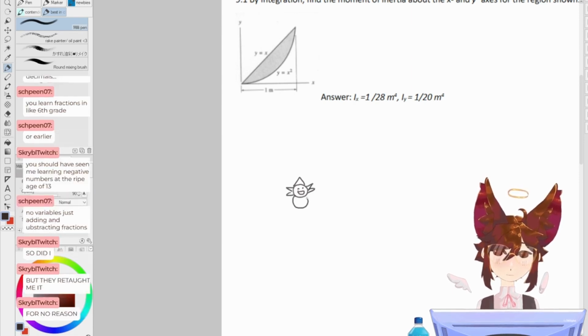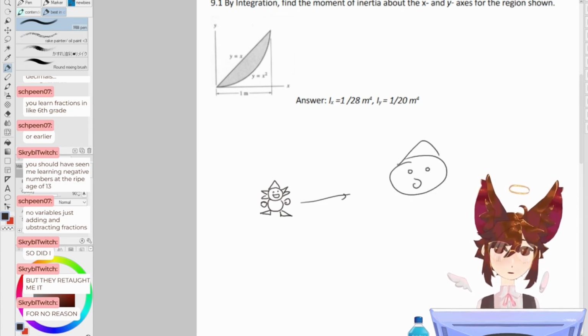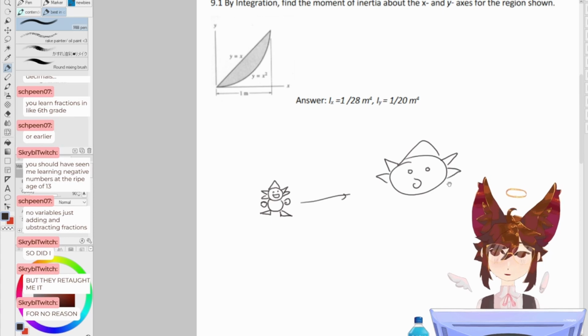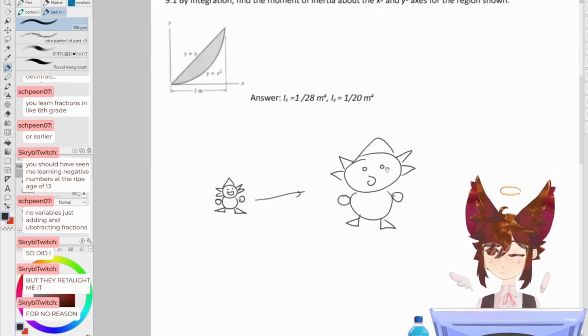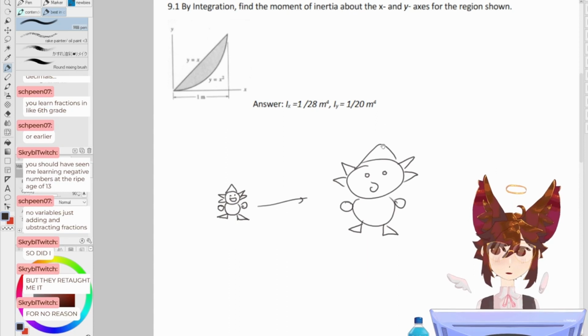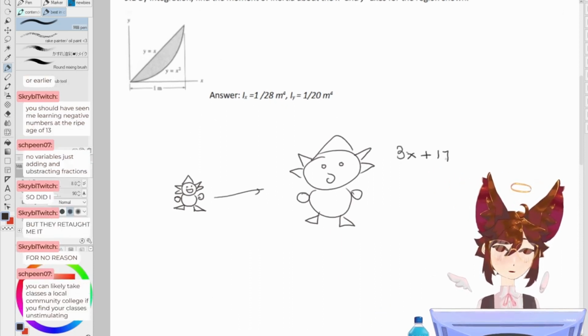And like we had like a group project because like all of our stuff was like more, I don't know, it wasn't just like sit down in a classroom, but we had to like scale up this clown and like make him out of like big paper. I remember that, and we like learned like how to do that. I don't know. I think that was 5th grade. But we also did like basic algebra in 5th grade. Like, oh, 3x plus 17, like word problems.